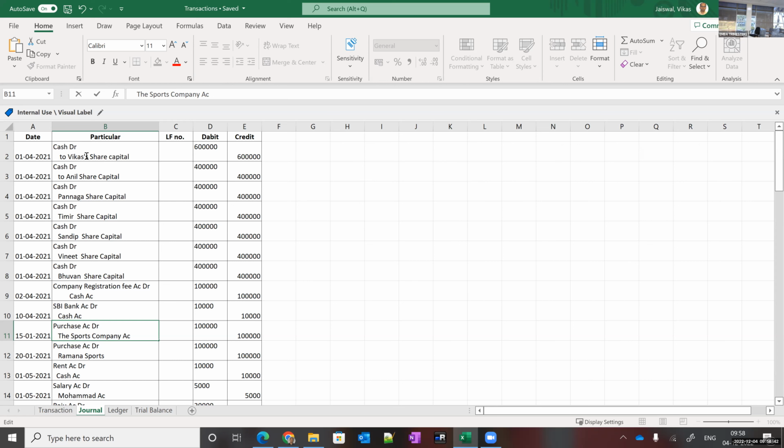Just share capital. Then you can ask me a question. Sir, how do I know whose money it is? Vikash's money, or Vijay's money, or Vishwas's money, how do I know? For that, we keep a separate register. That register is called the register of members, or register of shareholders. That is the accounting record.